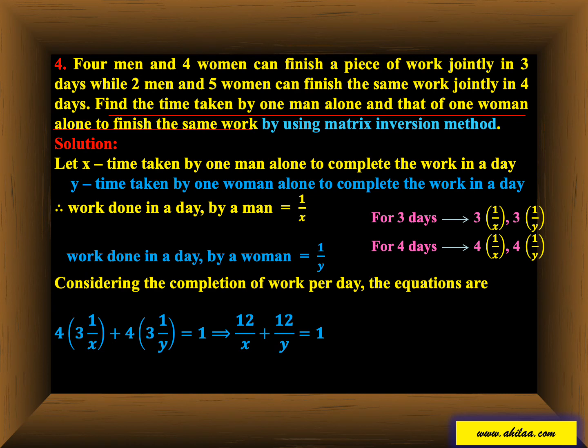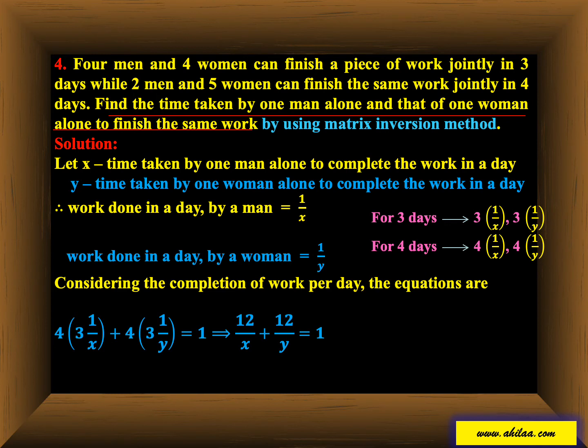Now read the first sentence and make the equation. There are 4 men and 4 women jointly in 3 days. So 4 men, so 4 into, for 3 days work, so 3 into 1 by x. Similarly 4 women for 3 days.